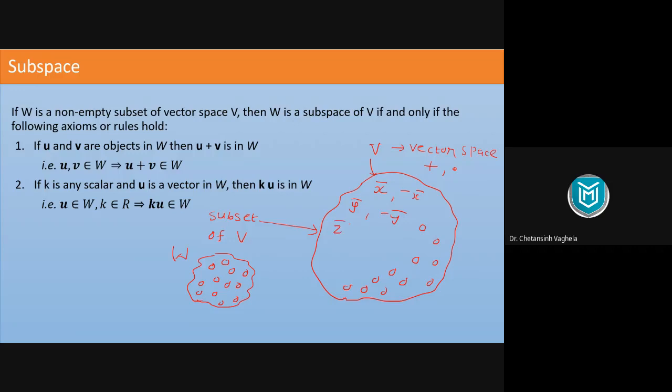If I have z bar here, minus z bar has to be there. Then according to 4th condition, my 0 bar should be present in my set V. Then for w bar, minus w bar should be there, right? So for all these objects, the negative part should be there, and the 0 object should be present in our set V, because it is satisfying all the 10 conditions.